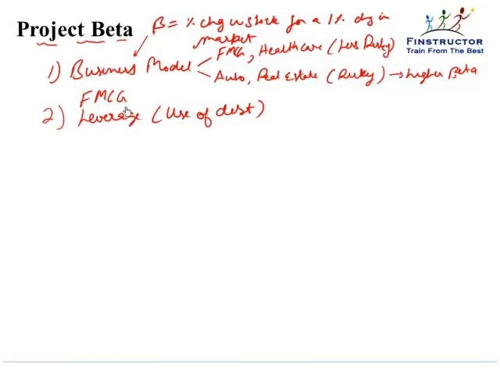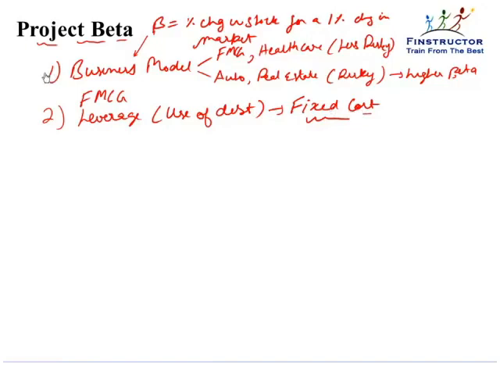So for the same business, if I had funded it without debt, the risk would be lower. And if I had funded it using a lot of debt, the risk would be higher because, please note, debt is a fixed cost. Even if I make no sales, I still have to service this fixed cost somehow. And it can cause big losses in bad times. But on the flip side, if things go really well, then I don't have to share my profits with any equity holder, because the cost of debt will still remain fixed.